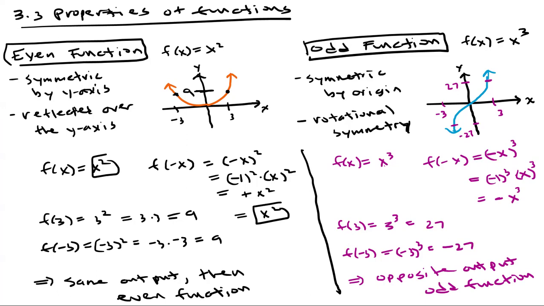Now, you can say, well, it's x to the third, that's an odd number, so that's an odd function. It's x squared, that's an even function. It's true, you're correct. However, what if there's other terms added to it? Right? X to the third plus x squared plus 1, x plus 1. Is it even or odd?